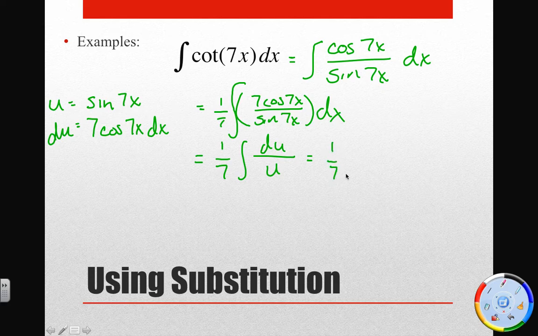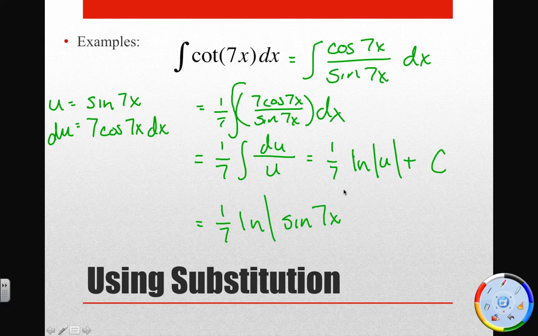So I get 1/7 of the natural log of u. And you do have to use absolute value because u could be positive or negative, and it has to be only positive in our natural log. And now I get to substitute my u back into this, and I say 1/7 of the natural log of the absolute value of sine of 7x plus c.